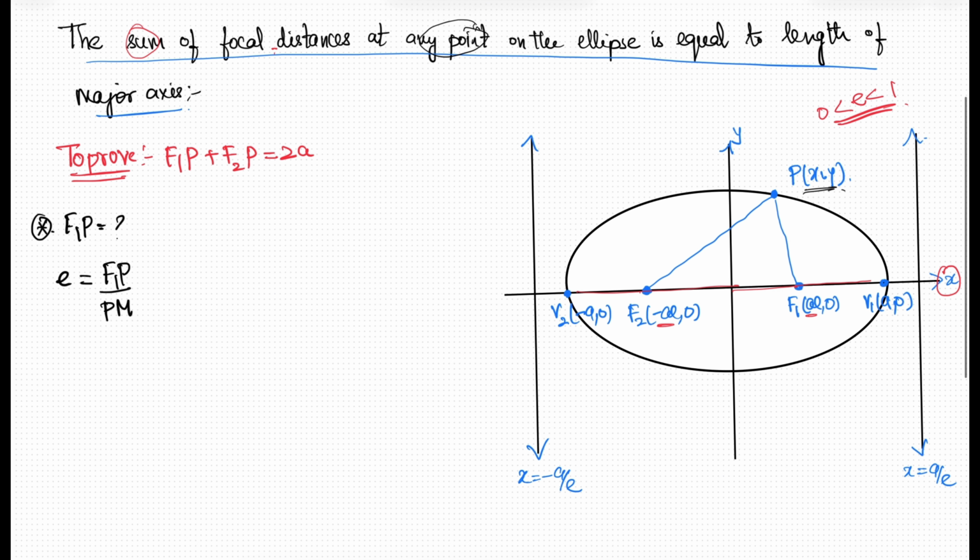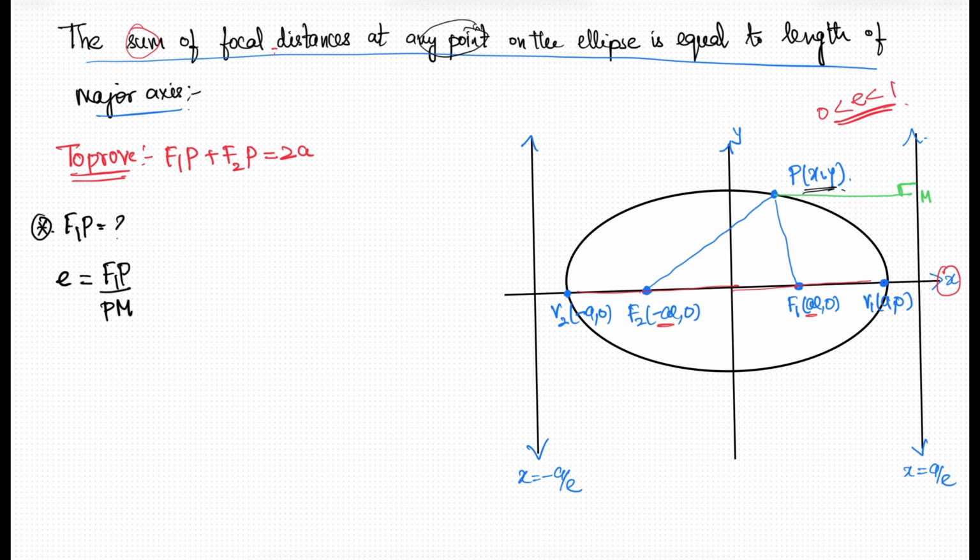So where is M in the diagram? We are going to draw it now. F1P is the focal distance and PM is the perpendicular distance to its directrix. We know that there are two directrices for the ellipse and PM is the perpendicular distance from the point to the directrix line. So this is the PM distance.